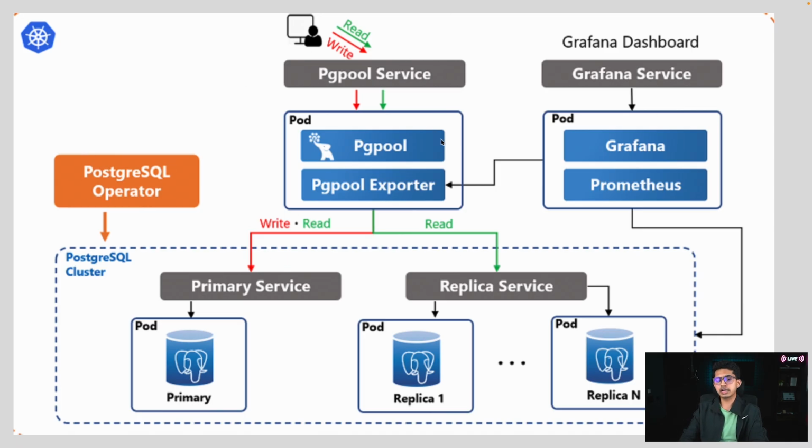What you can do is you can have a Pgpool-II pod on top of it. So whenever your application is talking to it, they are not talking directly to the DB replicas booted by the PostgreSQL operator. They will talk to the Pgpool service. This Pgpool service will have Pgpool pods, which will then in turn connect to the primary and the read replicas that are booted onto your cluster.